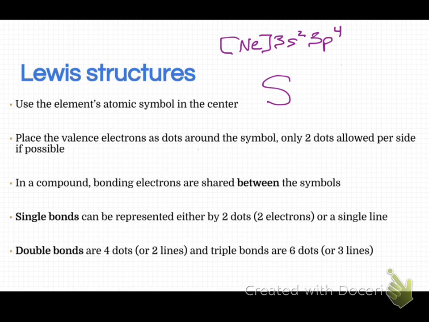Okay, so I wrote the element's symbol in the center, and then I want to put the valence electrons around the S, and it says I try to keep only 2 dots per side. So there's 1, 2, 3, 4, 5, and 6 right there.